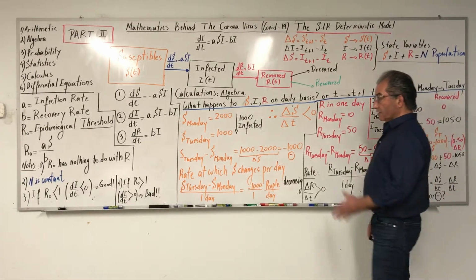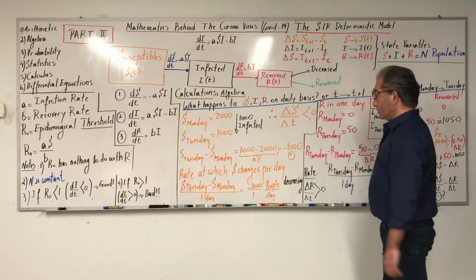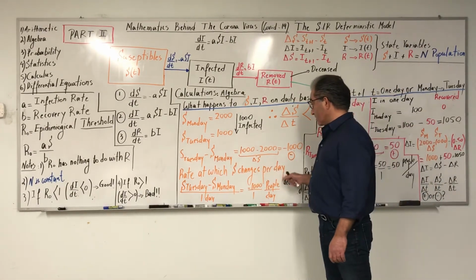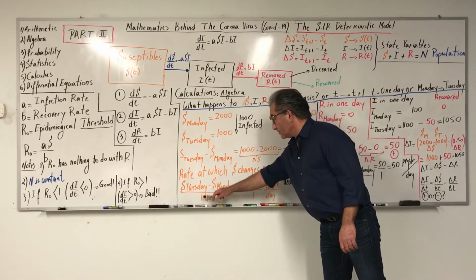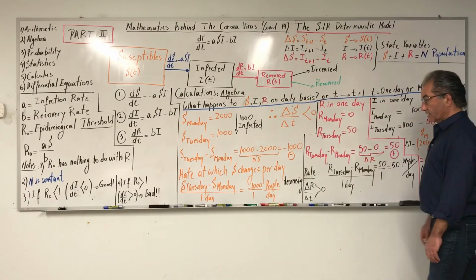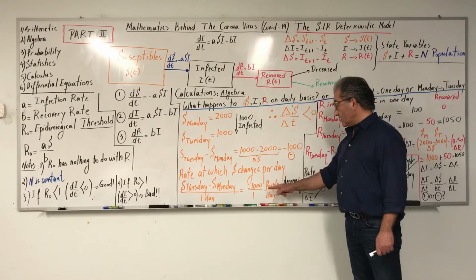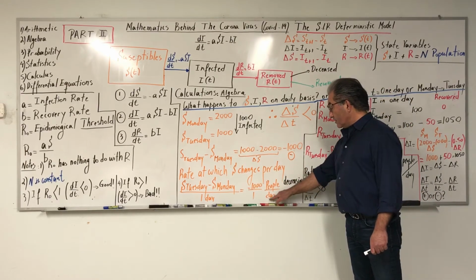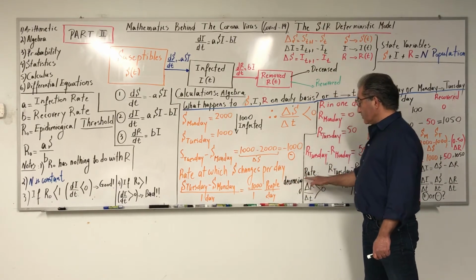So if I calculate the average rate at which S changes per day, I can just say S of Tuesday minus S of Monday divided by 1 day. We all know from Monday to Tuesday is 1 day. And that's negative 1,000 over 1, or negative 1,000 people per day. And it's negative because it's decreasing.